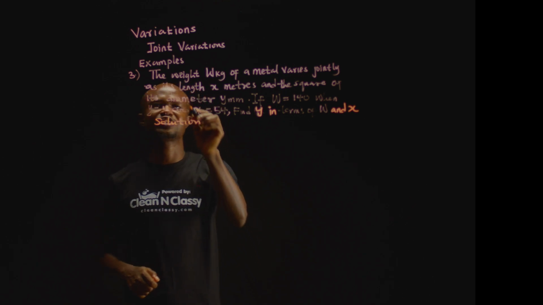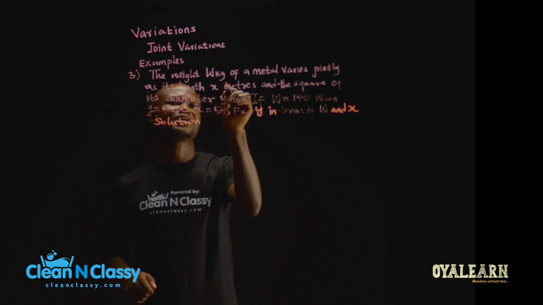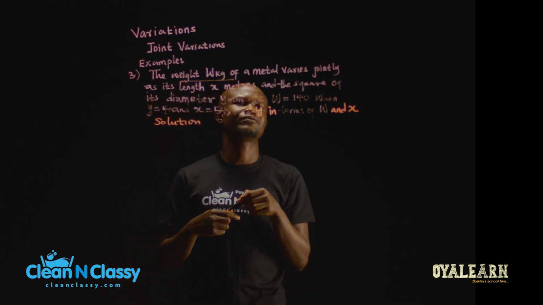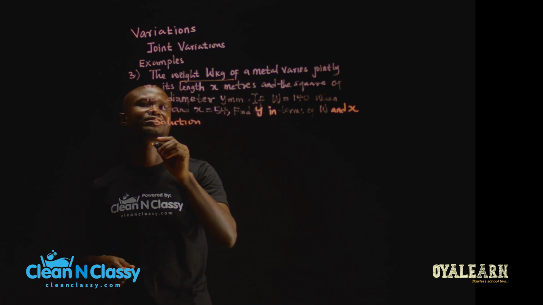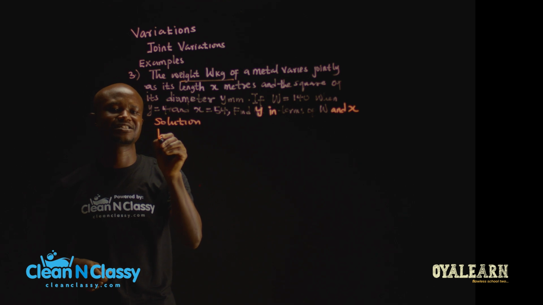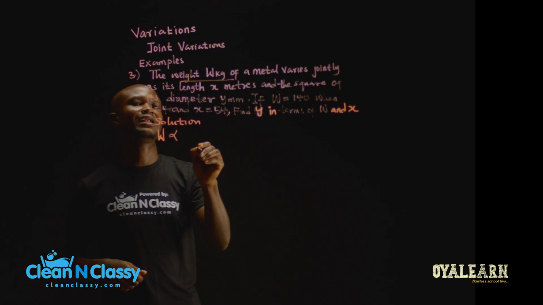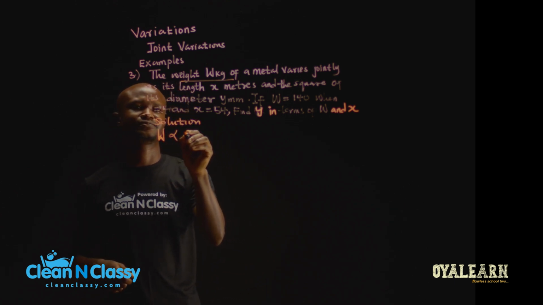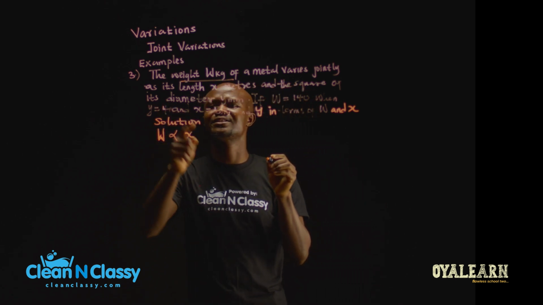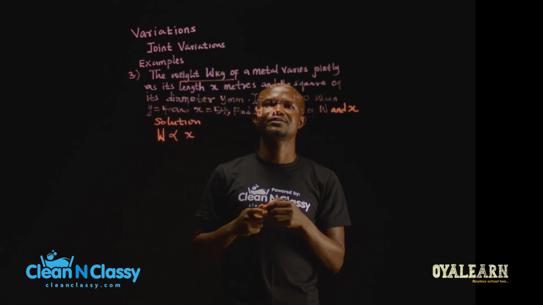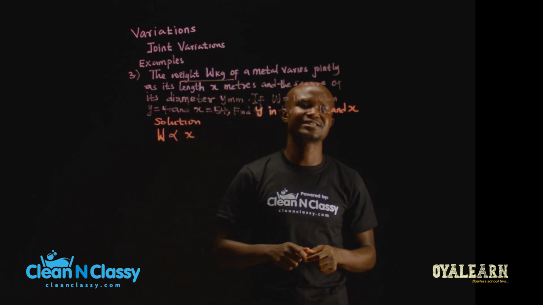Now, going back to the first statement, the weight W kg of a metal varies jointly as its length x, and the square of its diameter.